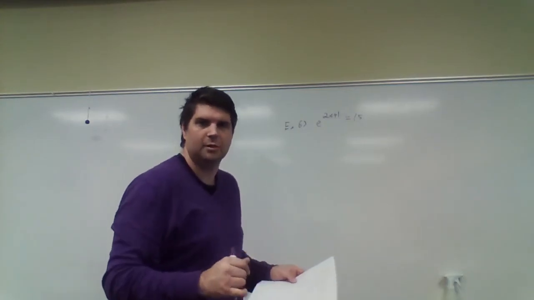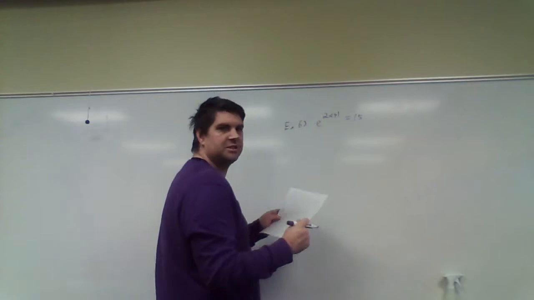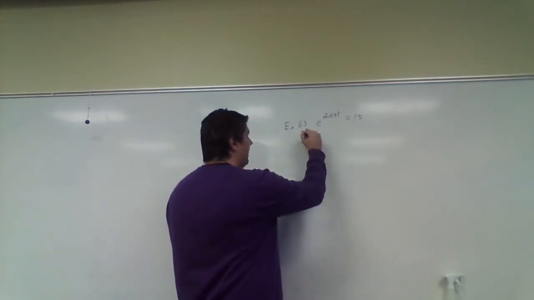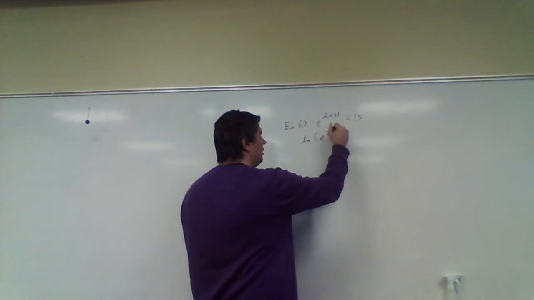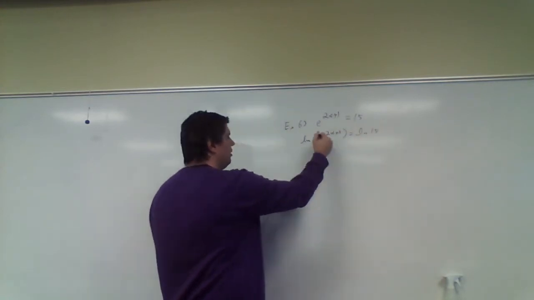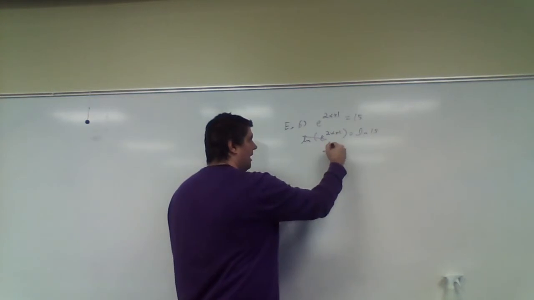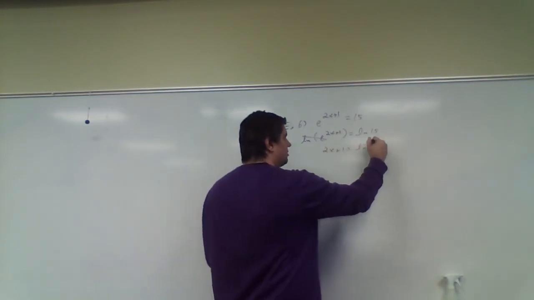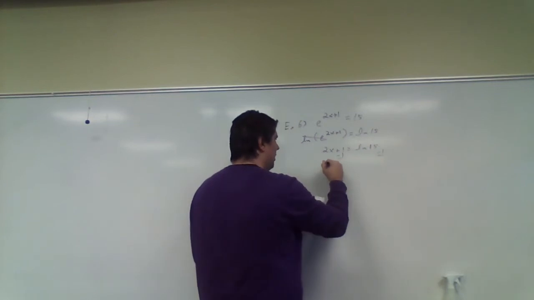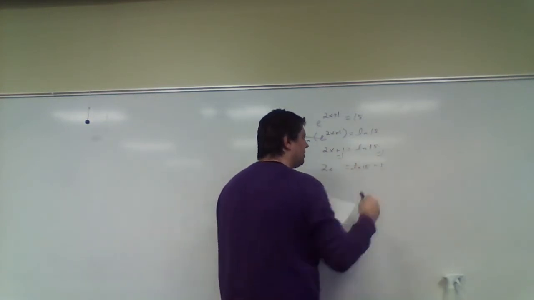All right. I moved out a little bit in preparation for example 7. We're on example 6 right now. Again, you would take the natural log of both sides to undo raising this to a power of e. So you'll have 2x plus 1 equals the natural log of 15. Then you'd subtract 1, so you'd have 2x equals the natural log of 15 minus 1.